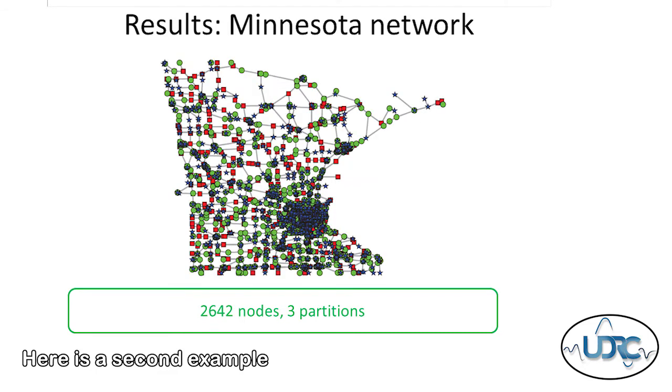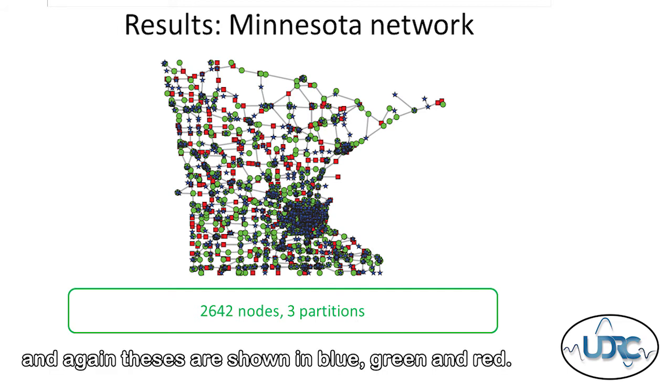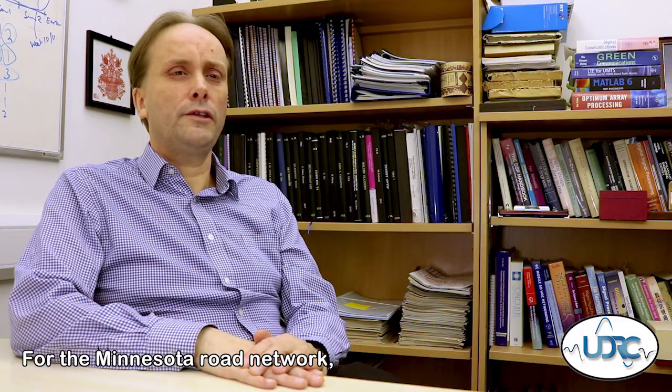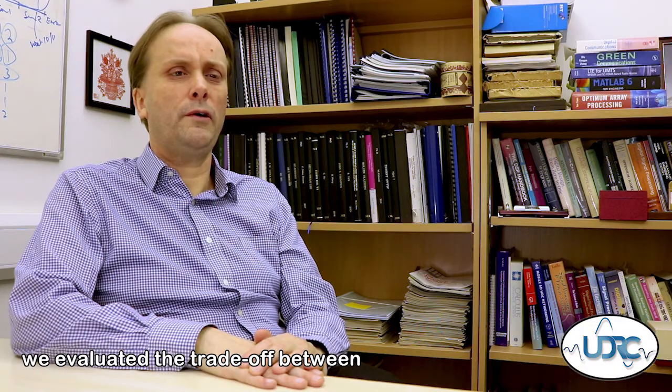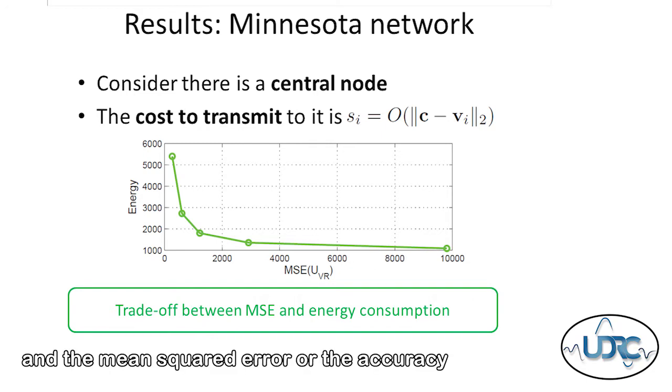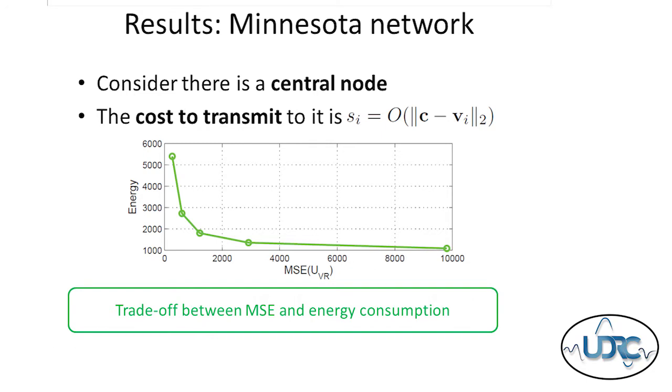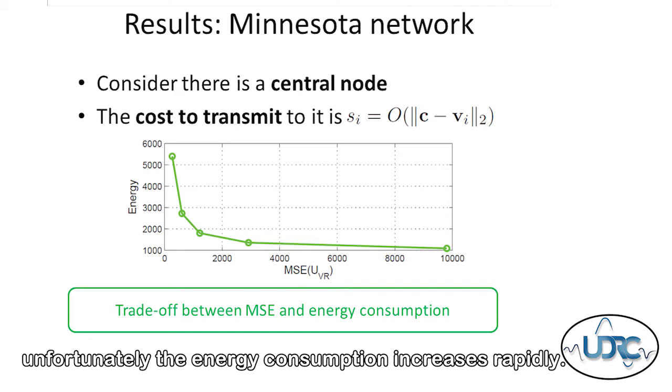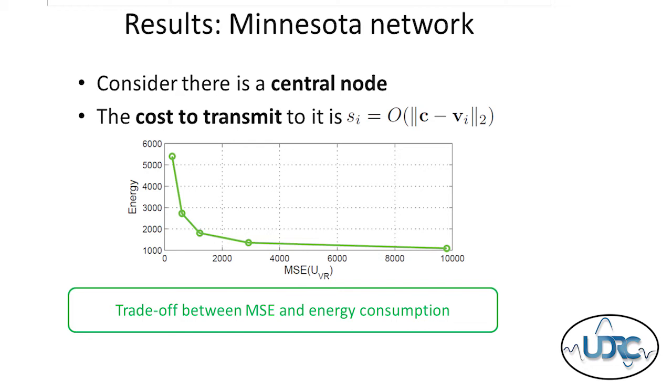Here's a second example for the Minnesota road network. This time we have 2,600 nodes, but again we split them into 3 groups, and again these are shown in blue, green and red. For this Minnesota road network, we have evaluated the trade-off between the energy consumption of the nodes and the mean squared error, or the accuracy, and we find that if we want a low mean squared error or high accuracy, unfortunately the energy consumption increases rapidly.